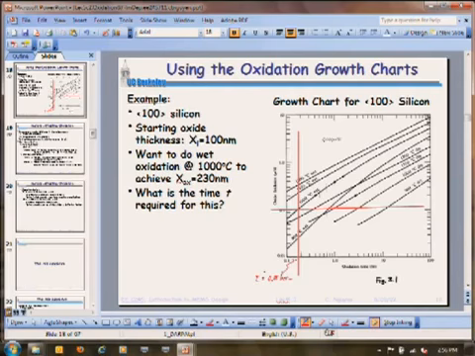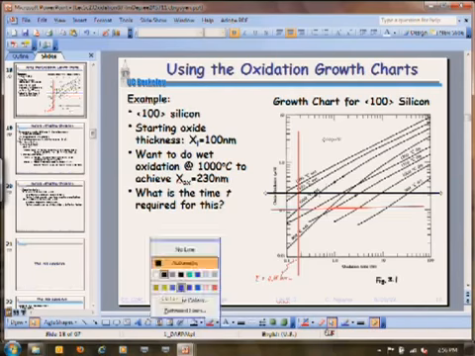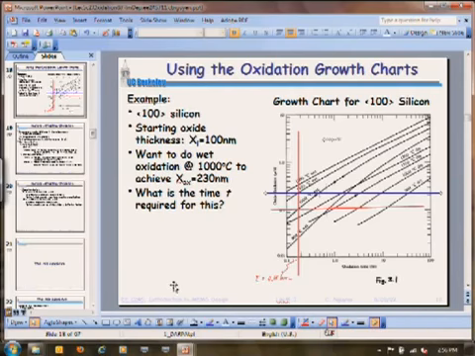Okay, and now I'm going to find that same curve, 1,000 degrees C, wet oxidation, and I'm going to take a line and have it intersect that curve. You can see I've done this before because I have little slashes there. All right, but now this is the amount of time that I have to actually oxidize to get my 230 nanometers.